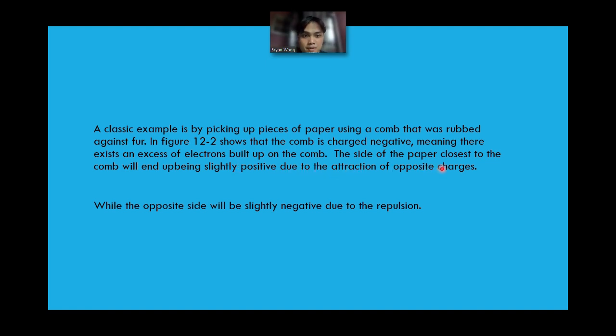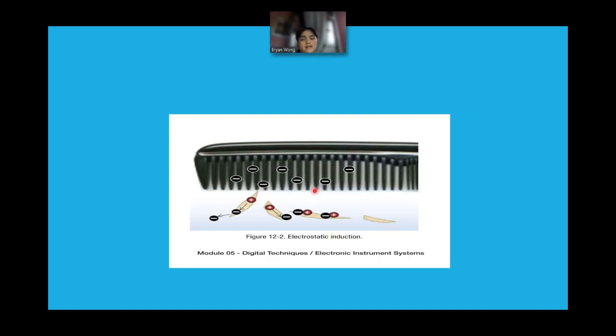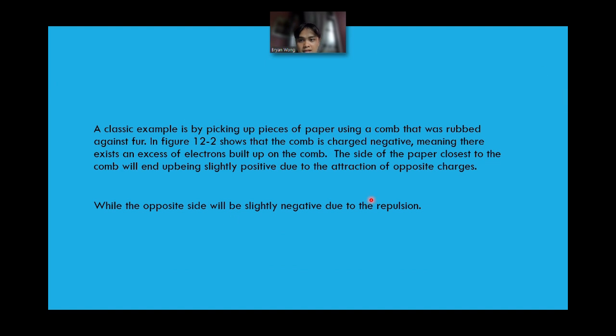The side of the paper closest to the comb will end up slightly positive due to the attraction of opposite charges, while the opposite side will be slightly negative due to repulsion. This is what we call electrostatic induction lah.